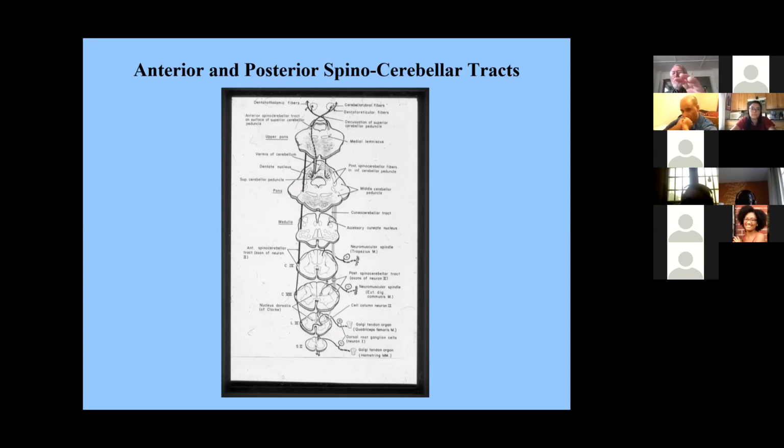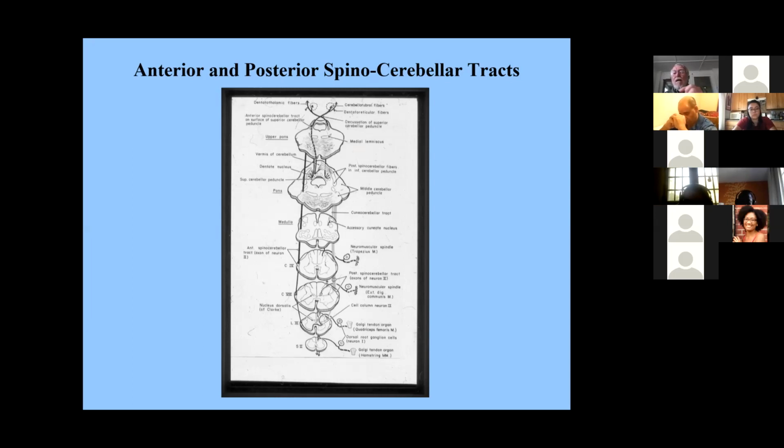So what you're basically learning here is that the inferior cerebellar peduncle is comprised in part of the posterior spinocerebellar tract. The superior cerebellar peduncle is comprised in part of the anterior spinocerebellar tract. One other fiber area that I wish again to emphasize is the anterior white commissure.